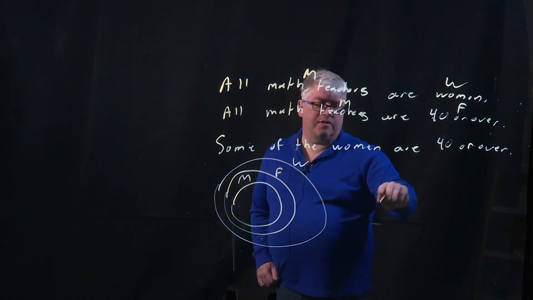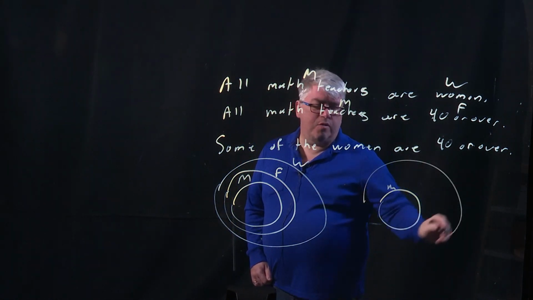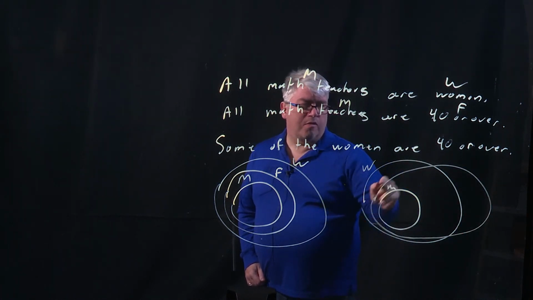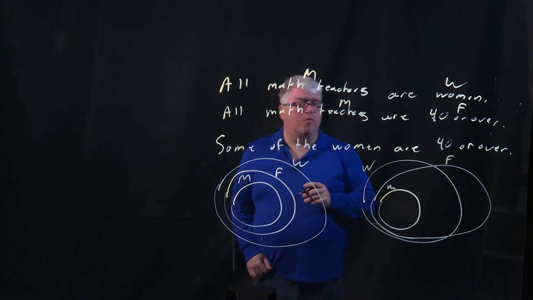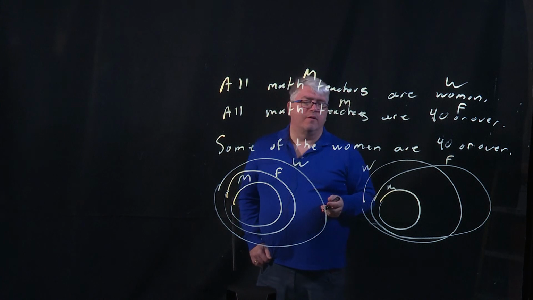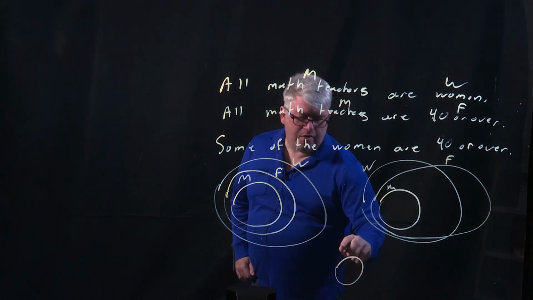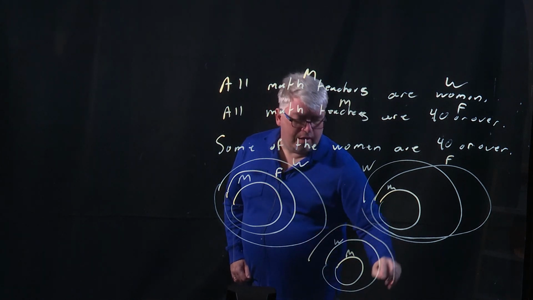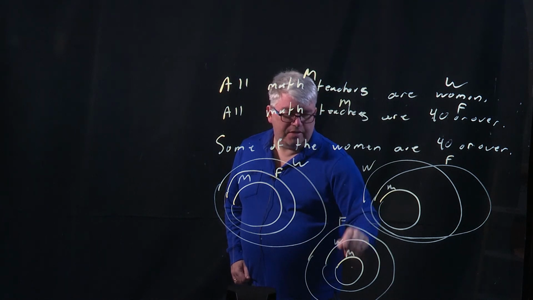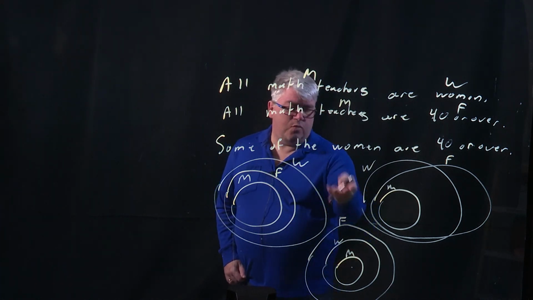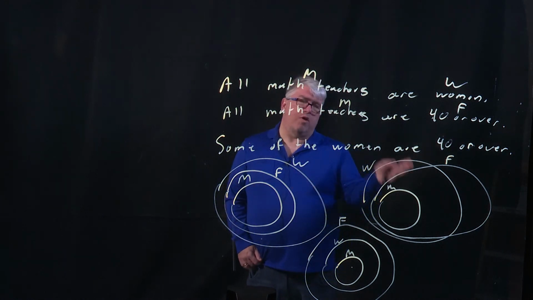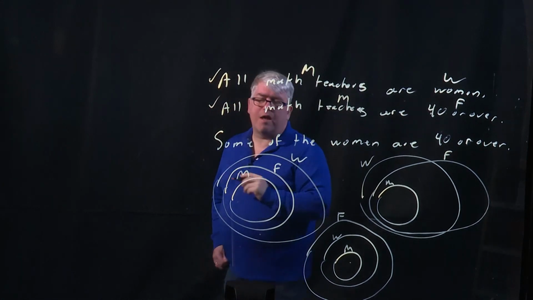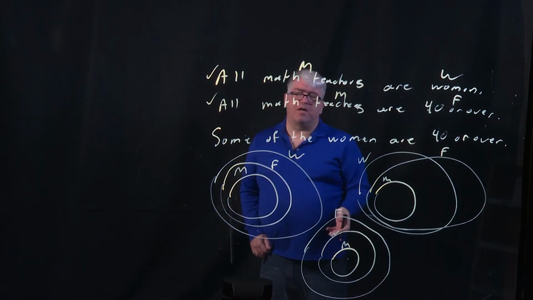I could have, let's see, the M inside of the W. The F could kind of come out, partially outside of the W. Or I might even have the M inside of the W, the M still inside of the F, and the F way outside of the W. Okay, so those are all possibilities that make this true and that make this true, and I believe I've accounted for every single possibility.